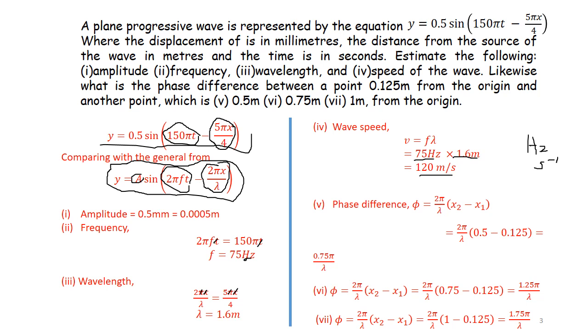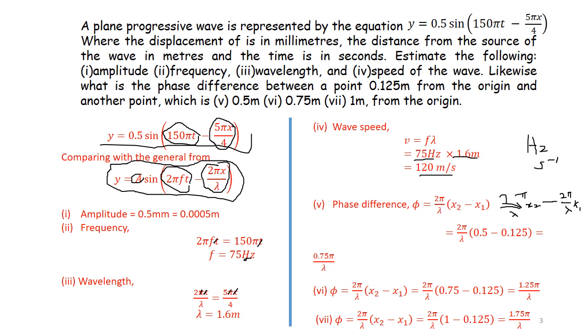Then the phase difference. Phase difference is 2 pi over lambda times (x2 minus x1). Remember, we said it can be, let me just write it, the full expression: 2 pi over lambda x2 minus 2 pi over lambda x1.